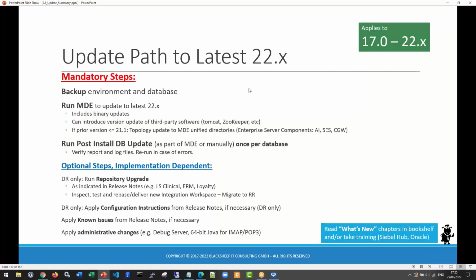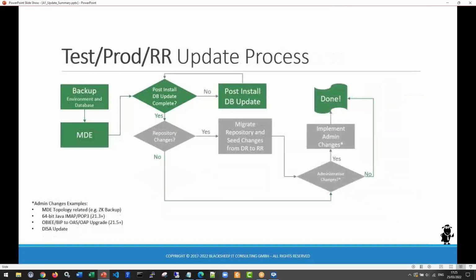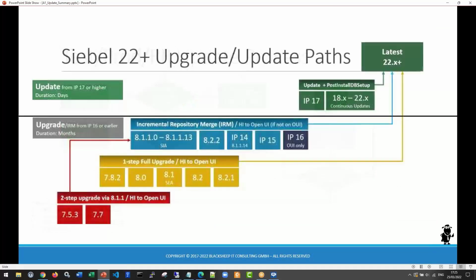In every update video, there's a narrated slide deck for how to get to 22.x, or 22.3 in that case. It's all described, the exact process for DR and RR environments, as well as notes on the upgrade in case you're not on IP17 or higher yet.